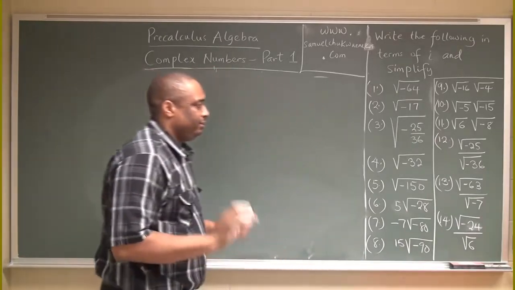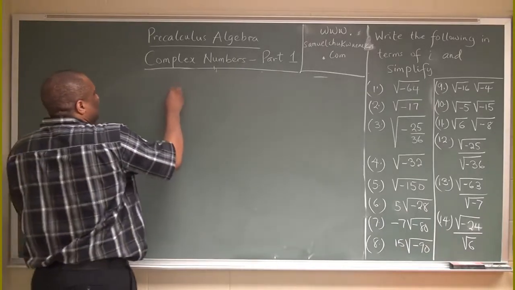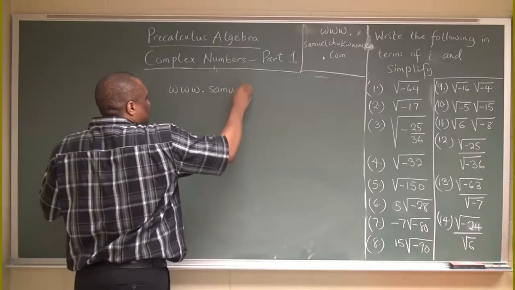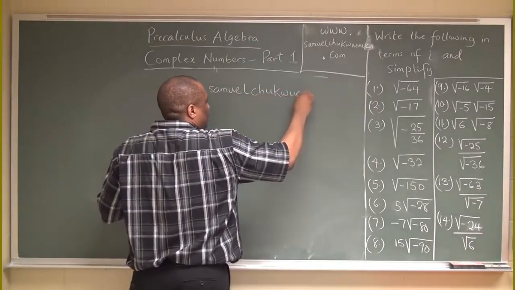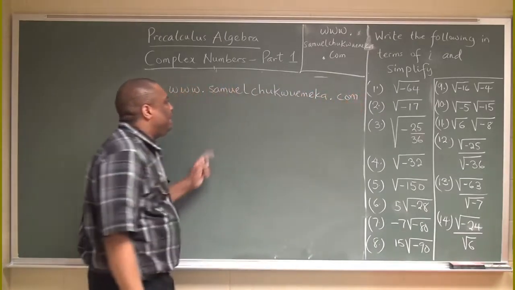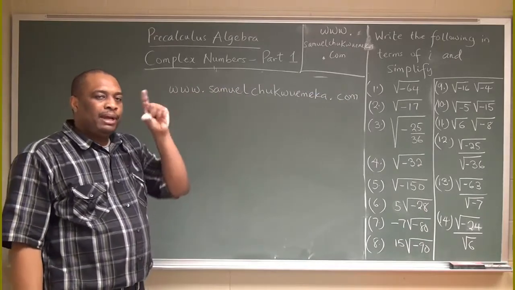Complex numbers is a bit big on what we have to cover. When you go to my website, samuelchukwuemeka.com, then you click on my picture to enter the site. Then you click on mathematics.